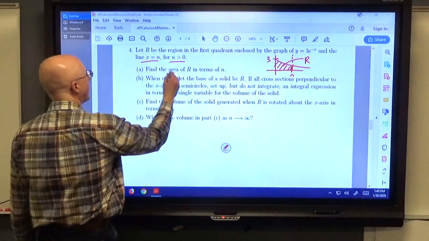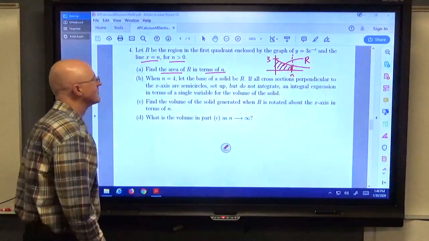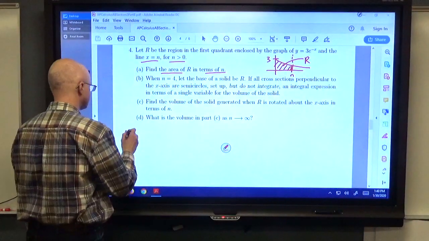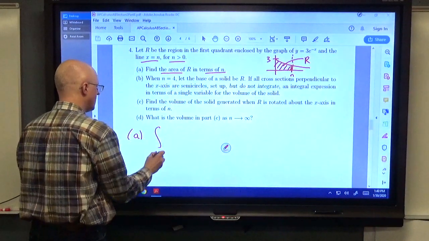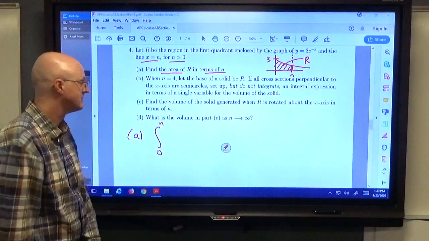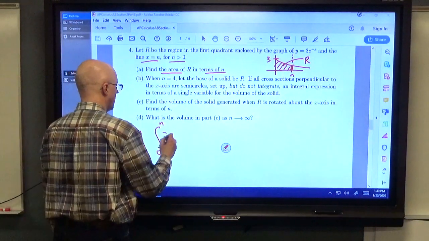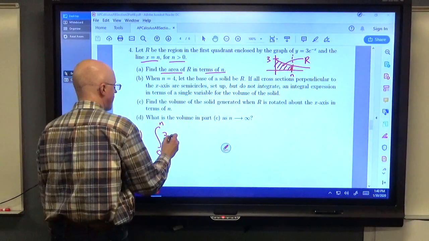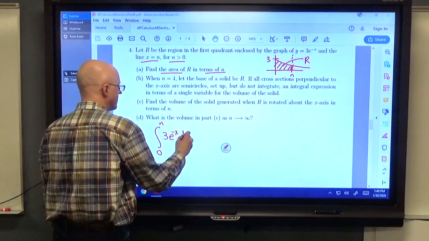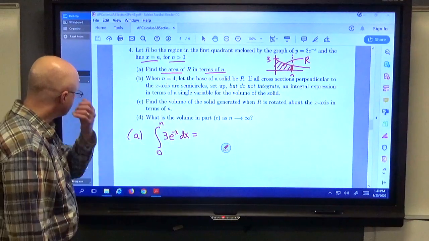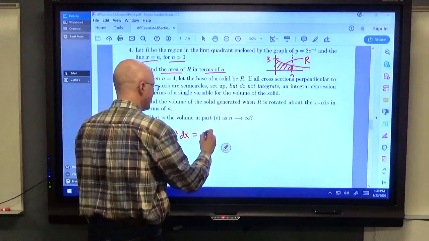Part A, find the area of R in terms of n. Area under a graph, that's just the integral of the function. Don't worry about the fact that n is not specified. It's not a big deal. You want to get the answer in terms of n. We have another parameter, so to speak. Use the fundamental theorem of calculus, find an antiderivative of this, which you should be able to do just by guessing.